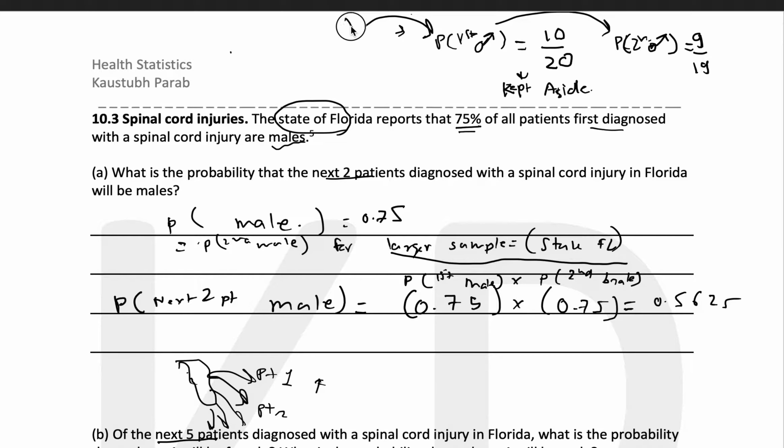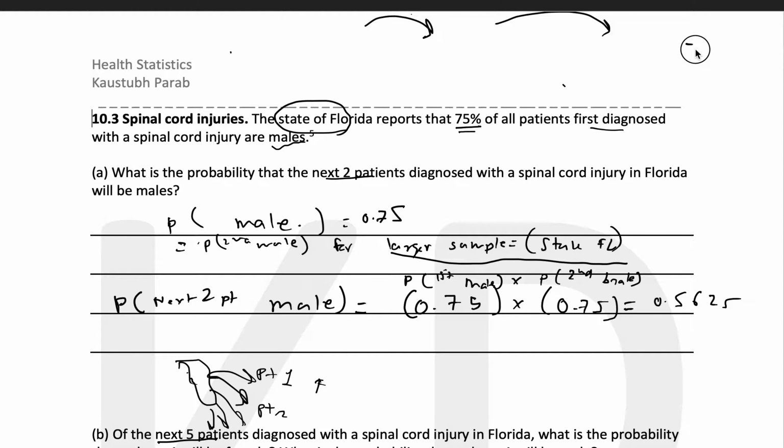But if you are looking at larger samples, such as the state of Florida in this question, we say that if we derive these two probabilities, the first being 10 over 20 and the second being 9 over 19, there will be some minute difference, but for a larger sample these two probabilities will be approximately equal.